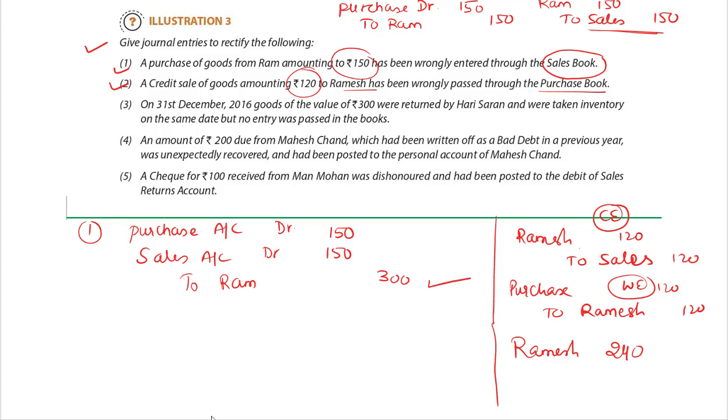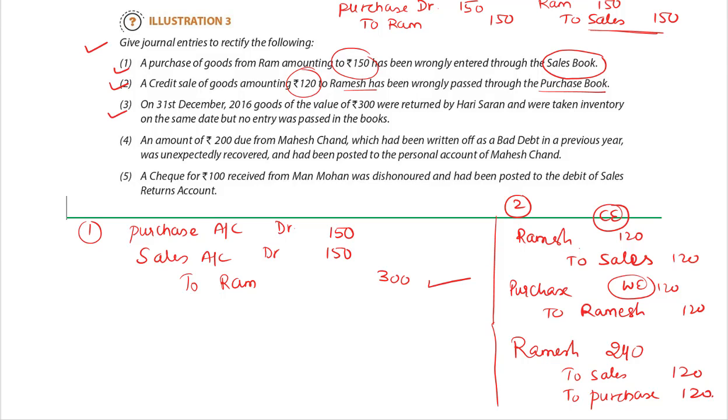We should write to sales 120, and by mistake we have debited purchase, so we will credit the purchase. So to purchase 120. I think this point number 2 is also clear now. So this was the second point, my dear students. Let me see the third one.